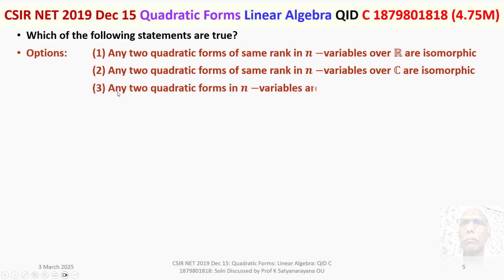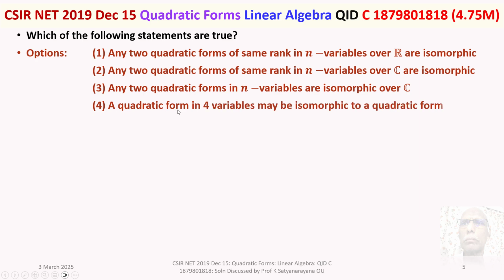Option 3. Any two quadratic forms in n variables are isomorphic over C. Option 4. A quadratic form in 4 variables may be isomorphic to a quadratic form in 10 variables.